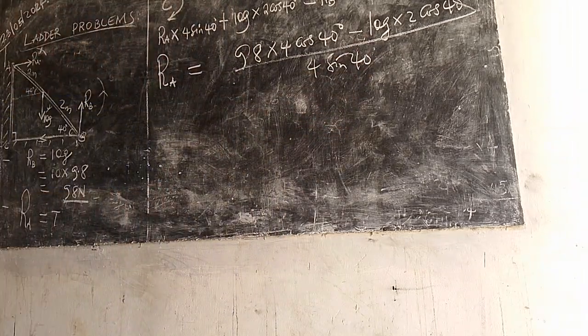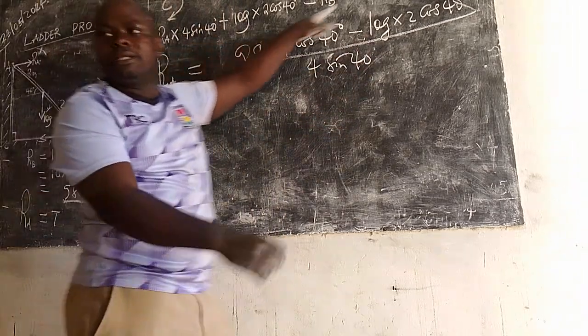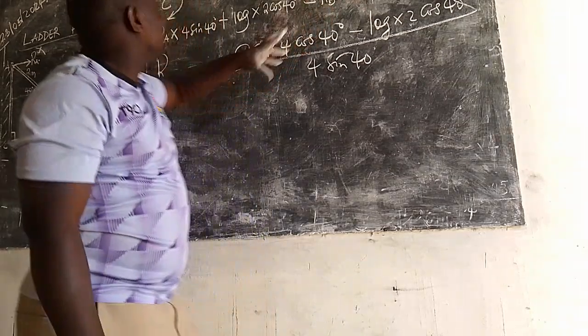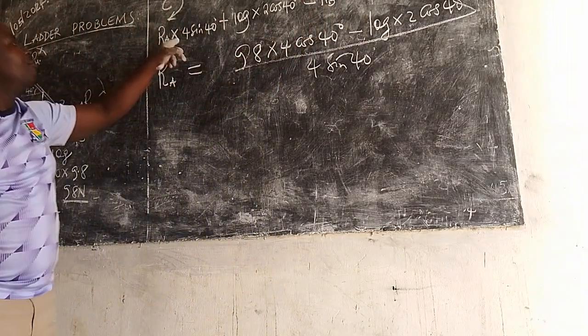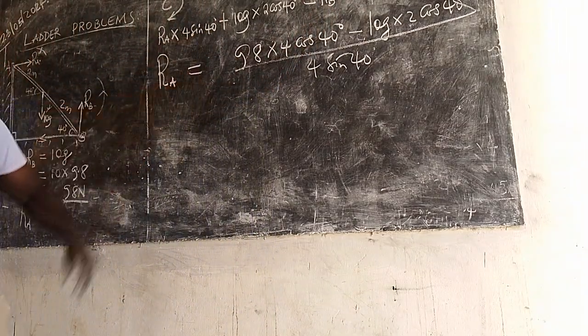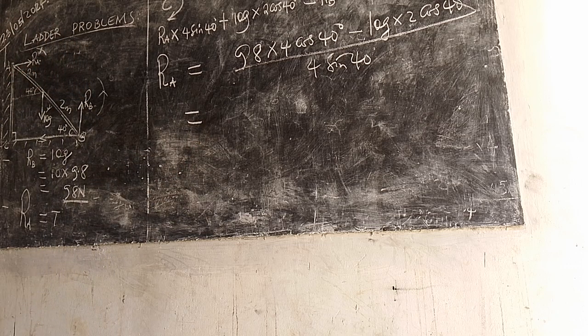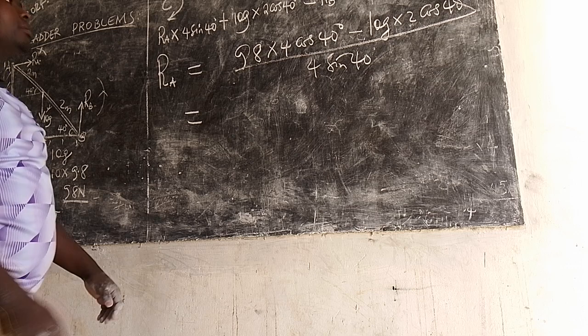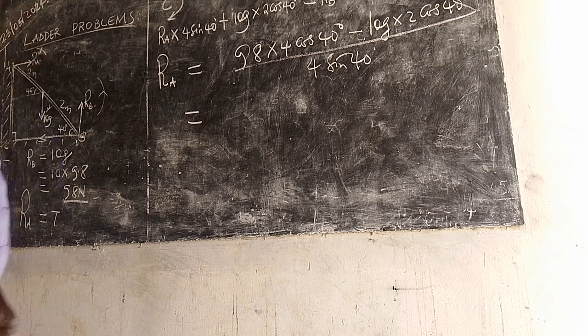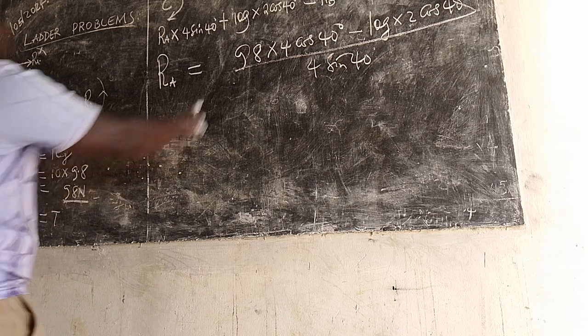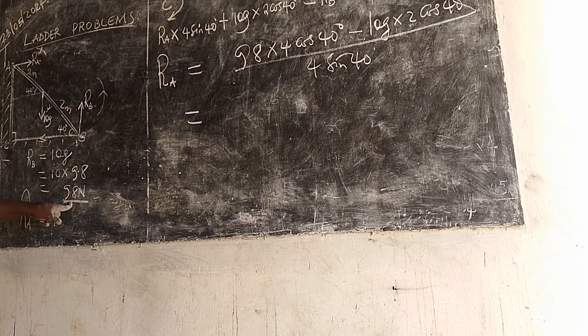I've substituted this. Then to make RA the subject with the formula, I divide through by this, and that's what I have. Yes? RB I've substituted because it's 98.